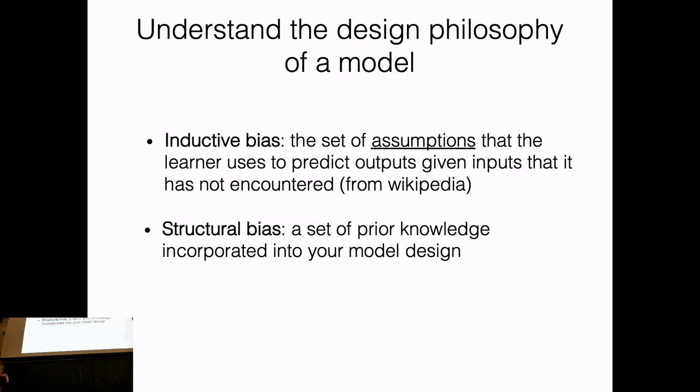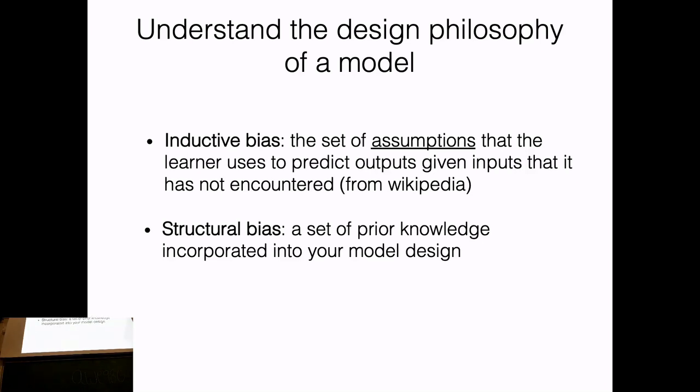To address this question, the first thing is we should understand the design philosophy of a model. I know previously some students in this class also asked what the inductive bias is. Here is a definition from Wikipedia.